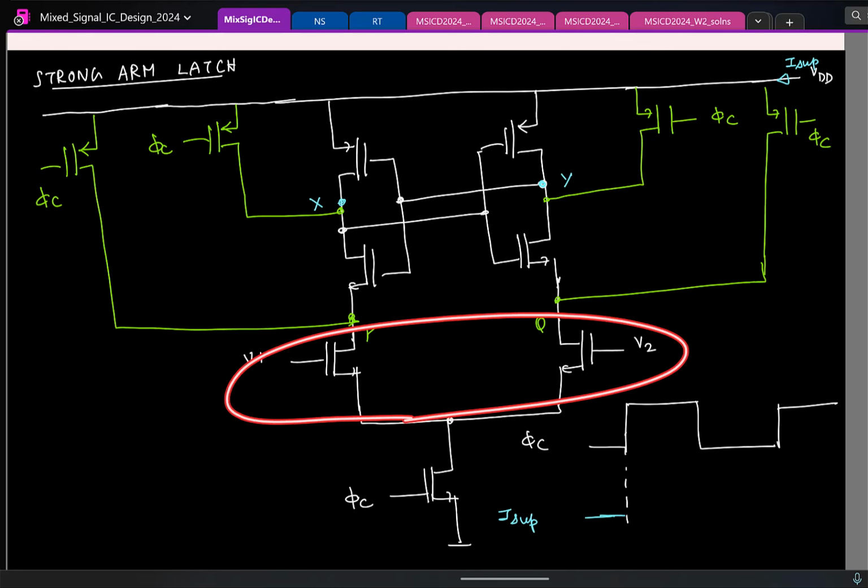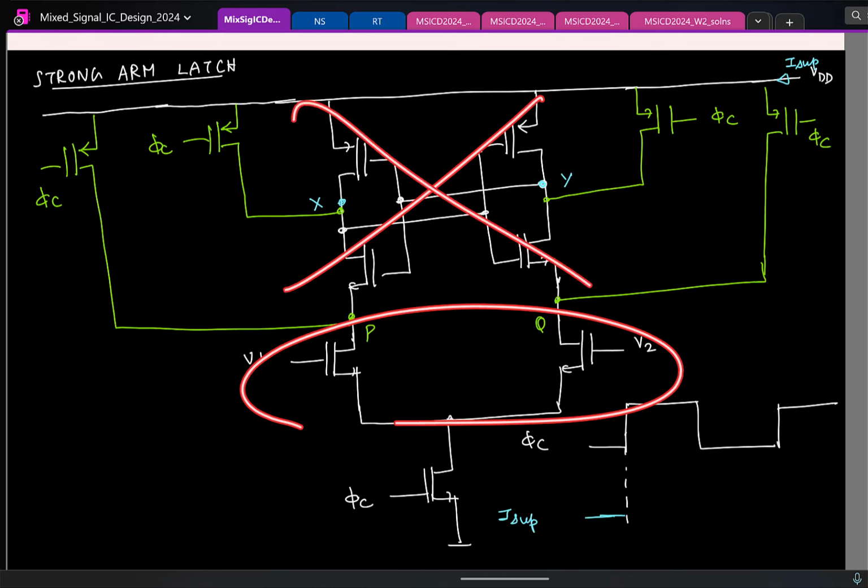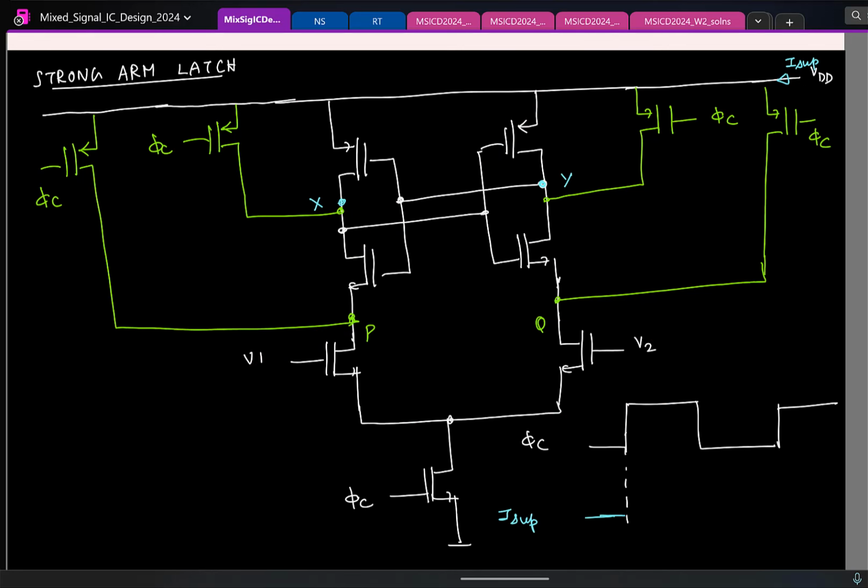When this was active, were we drawing current from the supply? No. We are only pulling out currents here. When this turned on, did we draw current? And when will it draw current? Only when the PMOS turns on, and remember, that turns on for a short while. Regeneration happens quickly, and once regeneration is completed, there is no path from VDD to ground. So once phi C is activated, for a short while you will draw some current. That's all.